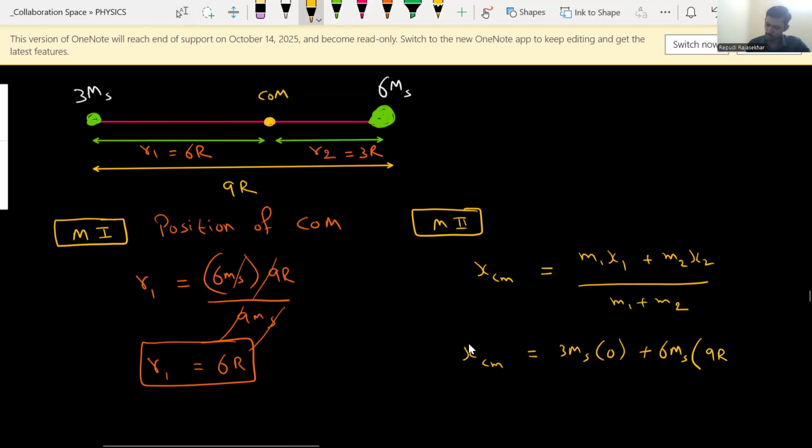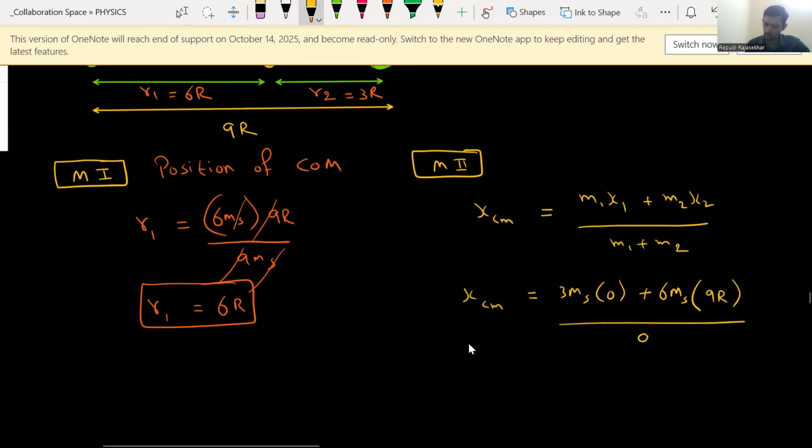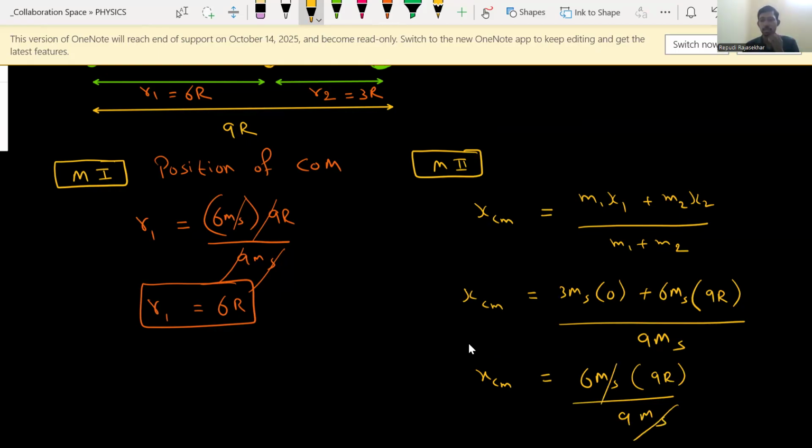So this is 9r divided by total mass, how much? 6 ms plus 3 ms, 9 ms. So XCM equals to, in the numerator, 6 ms into 9r whole divided by 9 ms. So ms value gets cancelled. 9 and 9 gets cancelled, so we are left with 6r. So same answer we got.